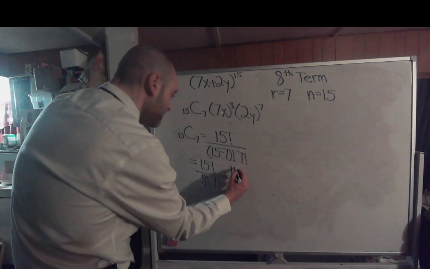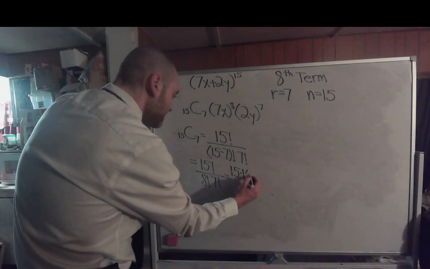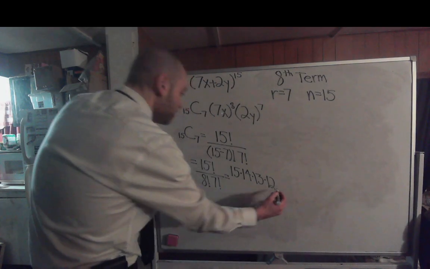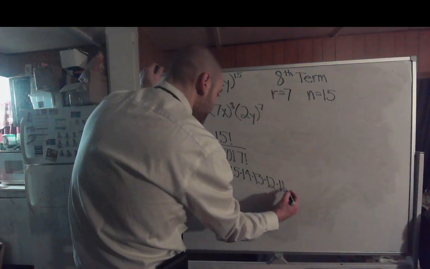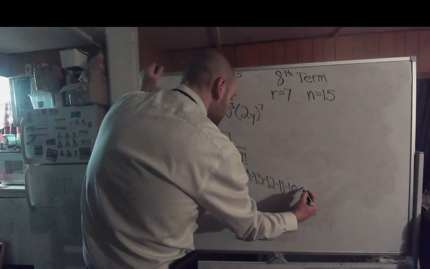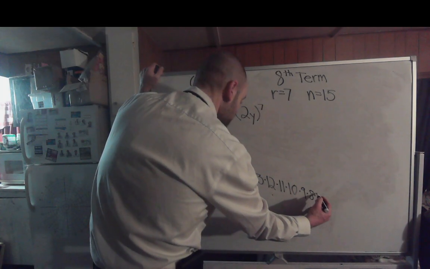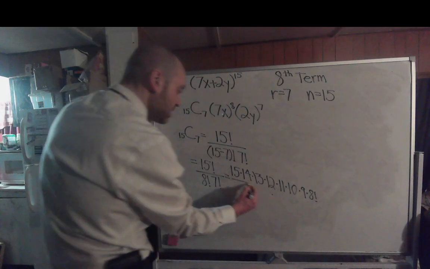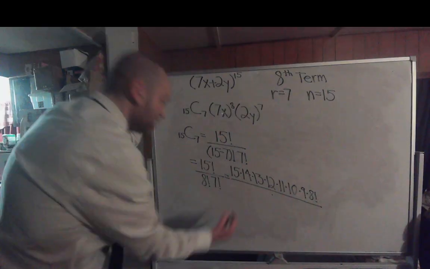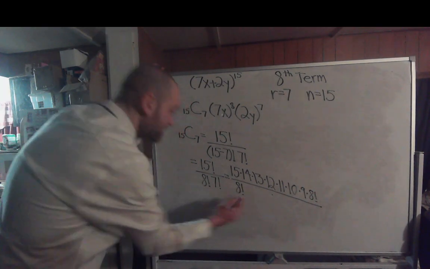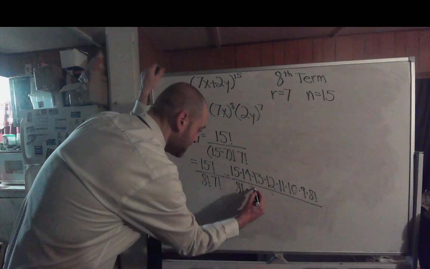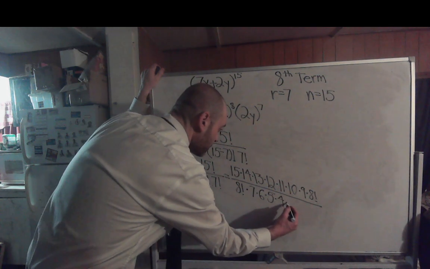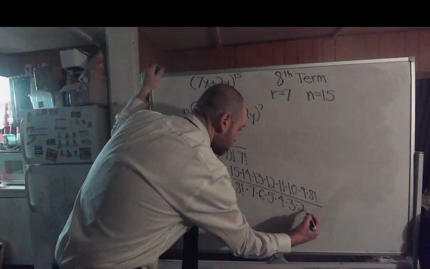We'll have 15 times 14 times 13 times 12 times 11 times 10 times 9 times 8. Well, actually, we could stop there at 8 factorial. We're going to have a lot of canceling. Over 8 factorial, then break down your 7 factorial. So this will be times 7 times 6 times 5 times 4 times 3 times 2 times 1.